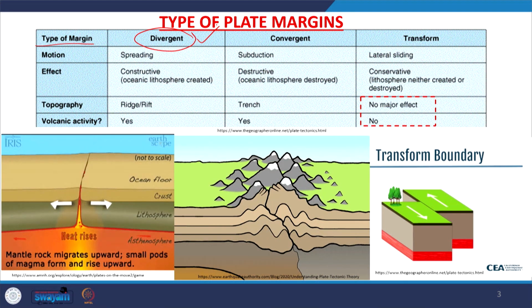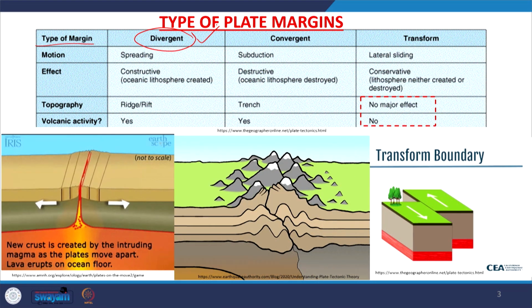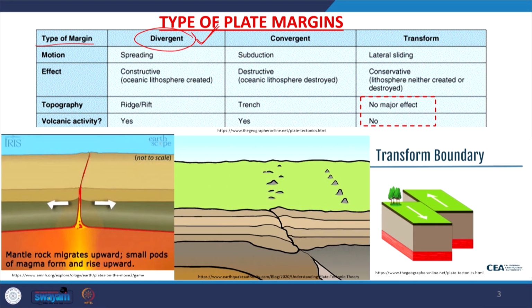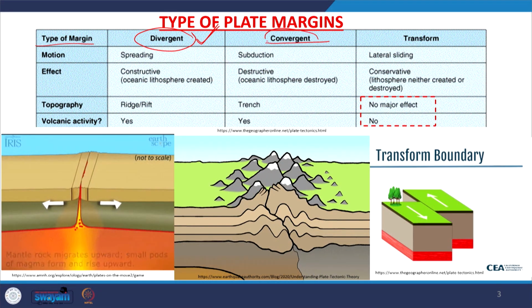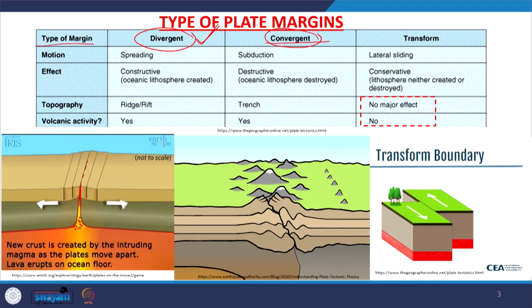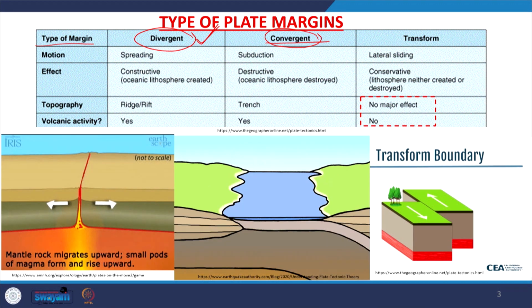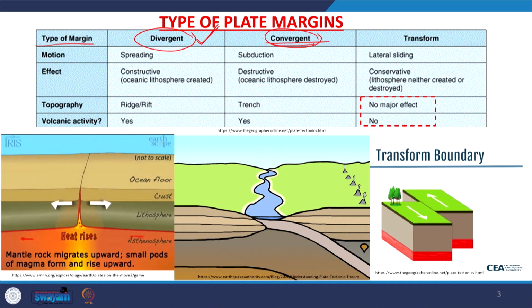The name says it is diverging: two different plates are diverging from each other, moving away from each other, and that is a divergent plate margin. Then the convergent plate margin. Again the name suggests convergence, that means the plates are mixing, interacting with each other, and that is called a convergent plate margin.